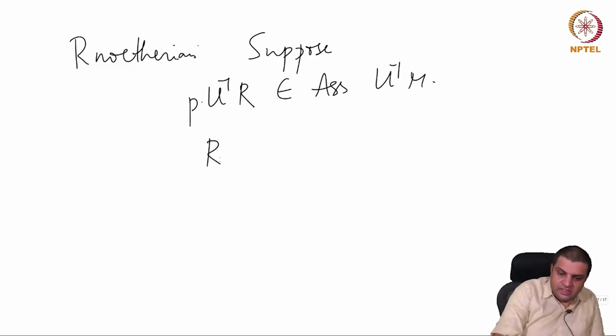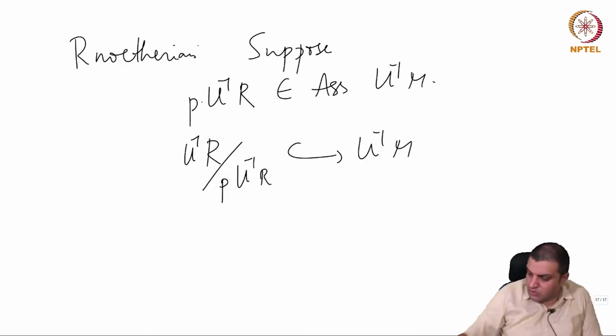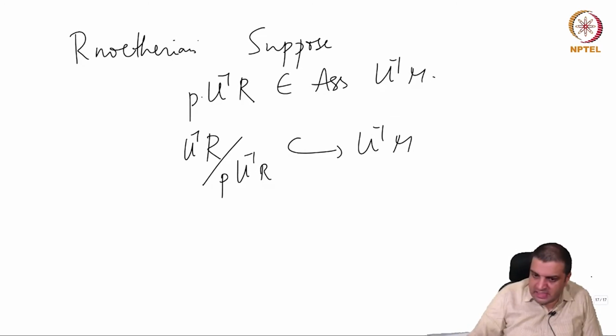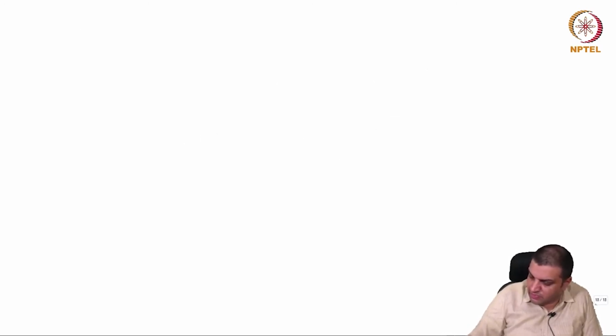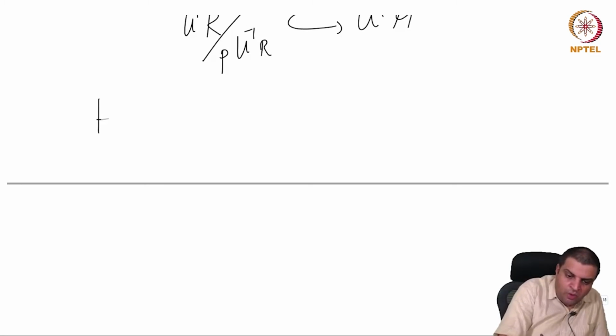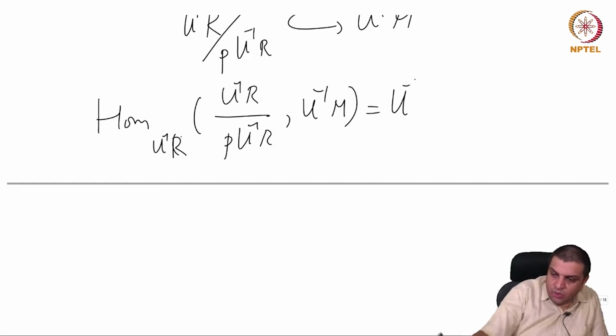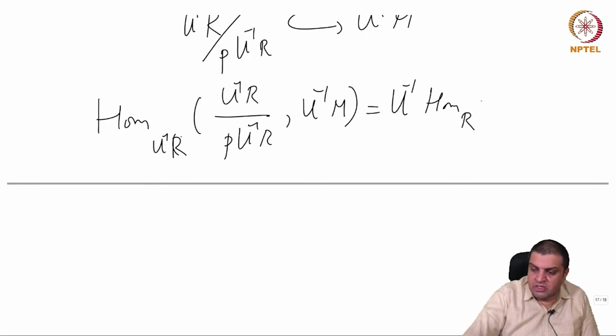So therefore, there is an injective R linear map from U inverse R mod P U inverse R to U inverse M. Now, the fact that M is finitely generated in this context gives us the following: homomorphisms over U inverse R from U inverse R mod P U inverse R to U inverse M is exactly the localization of the R linear maps from R mod P to M. Okay.